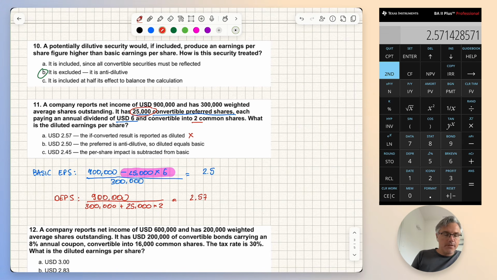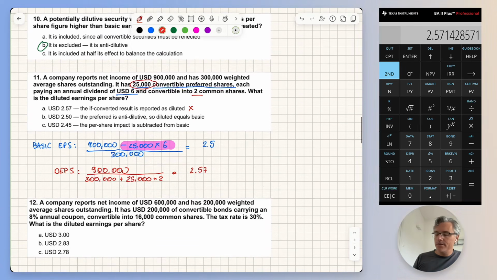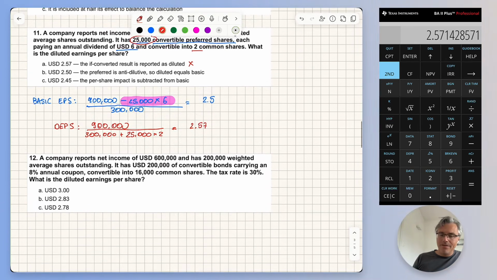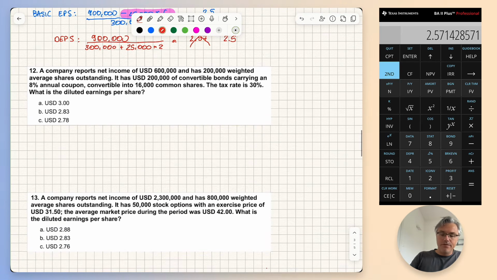A potentially dilutive security in the form of convertible preferred shares produces an earnings per share figure which is higher than basic EPS. What do you do? You exclude it. You treat it as anti-dilutive, so you don't report 2.57. You stick to basic EPS as your DEPS figure. So answer B is correct because it's dilutive. We ignore it and we just stick with basic.